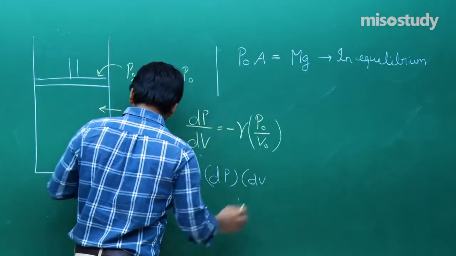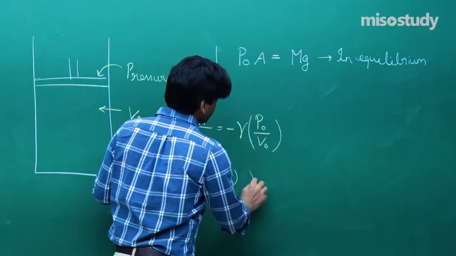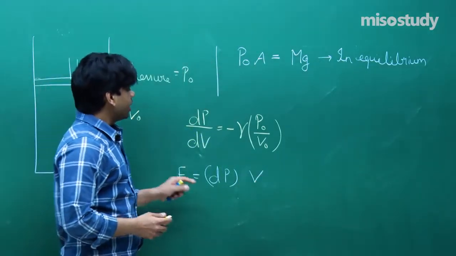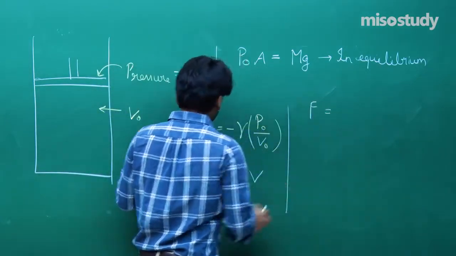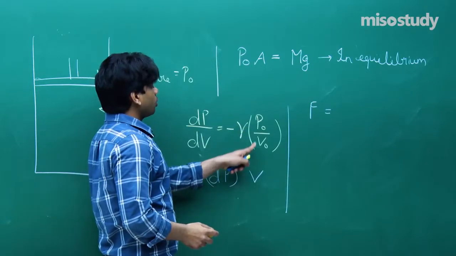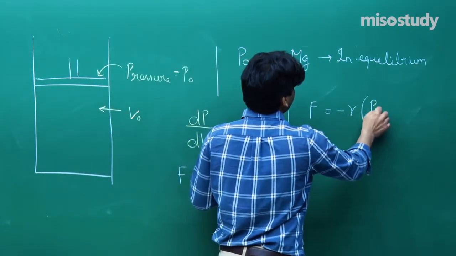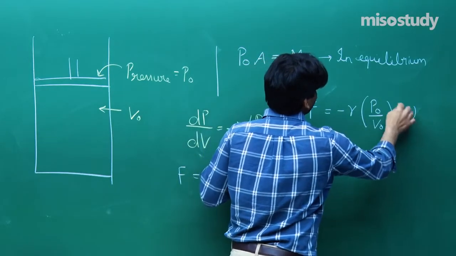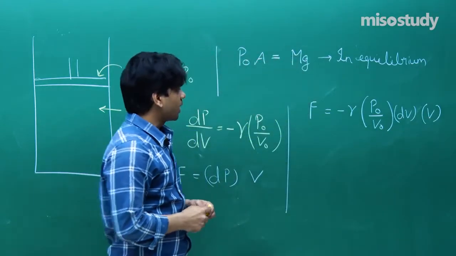That will be the value. Now, how to find out this dP into V? First of all, dP will be minus gamma P0 by V0 into dV, and here you have V.